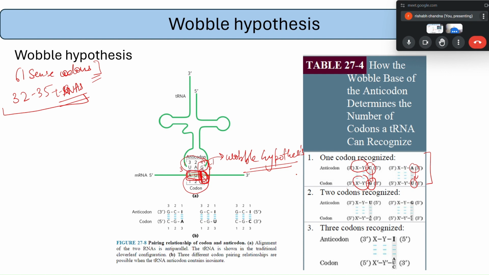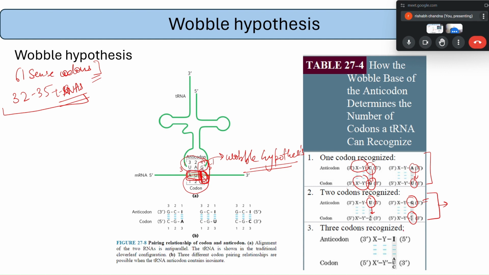Now, when two codons are recognized by the same tRNA, if U is present on the tRNA, that can recognize either A or G. Okay, and if G is present on the anticodon loop, this would recognize C and U. Okay, so this is the case when two codons are recognized by the same tRNA.